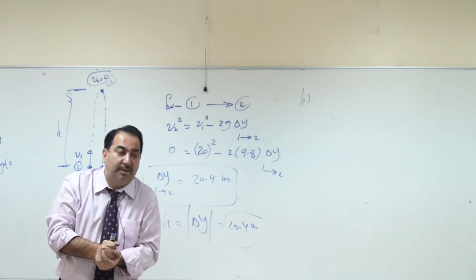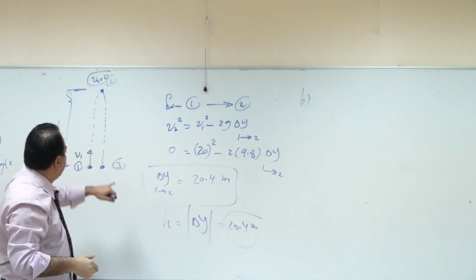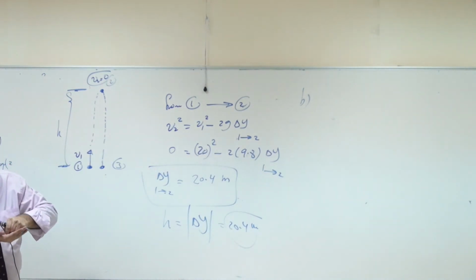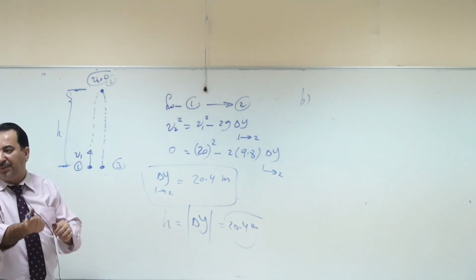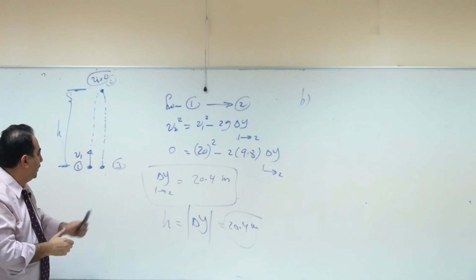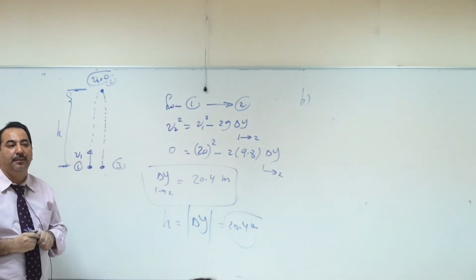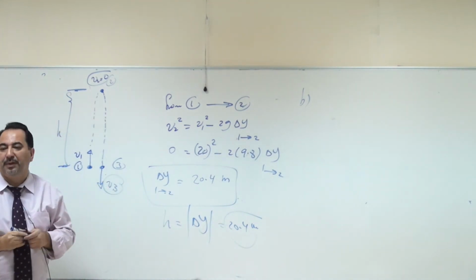It hits your hand with a velocity, then it stops. When we say velocity at 3, it means when it approaches 3. Not when it reaches 3 and then you stopped it by force. So I have a velocity here. Which way is the velocity here? Down. I want this V3. Okay?